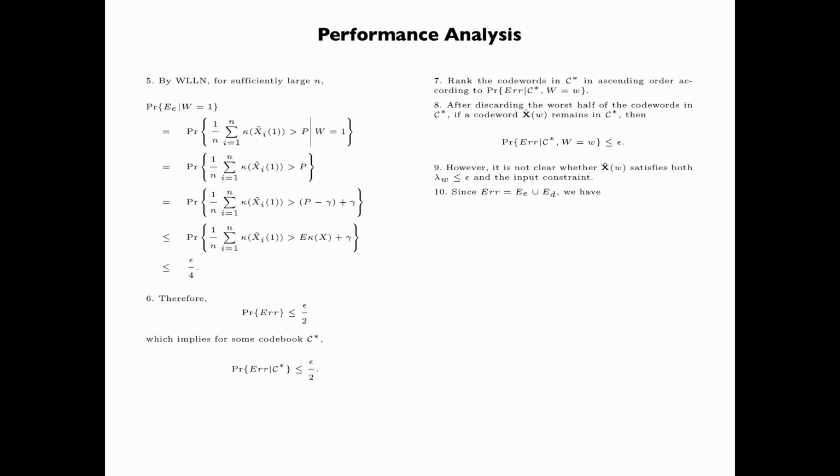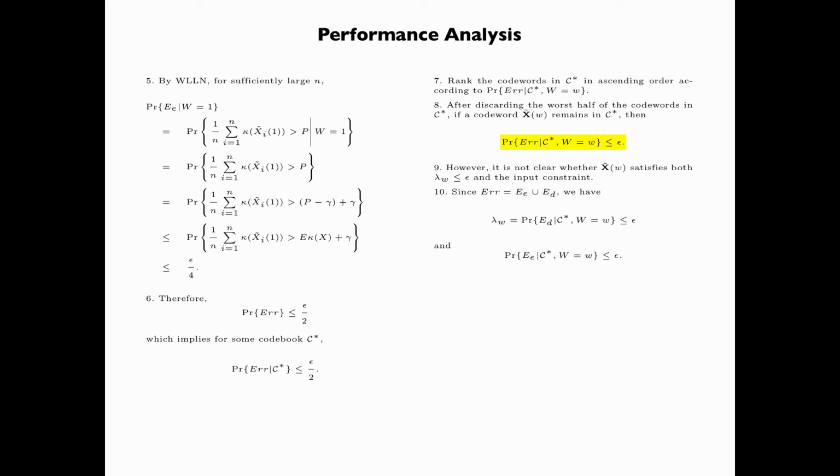Since the error event is equal to the union of the events E sub E and E sub D, and the conditional probability of the error event is less than or equal to epsilon, we have the conditional probability of the event E sub D less than or equal to epsilon, where this conditional probability is in fact lambda w.